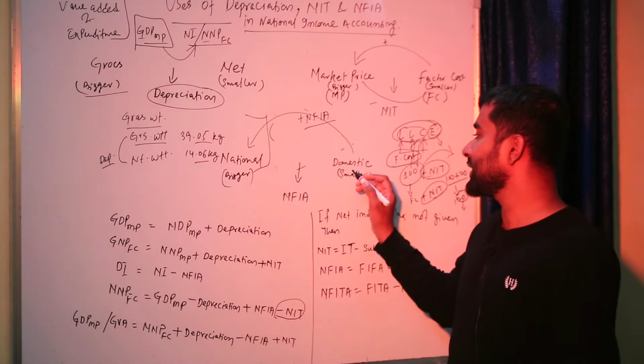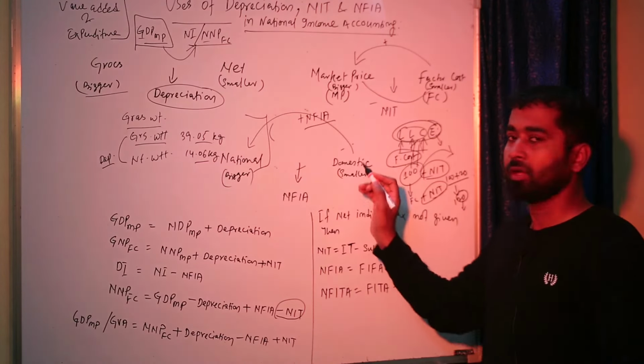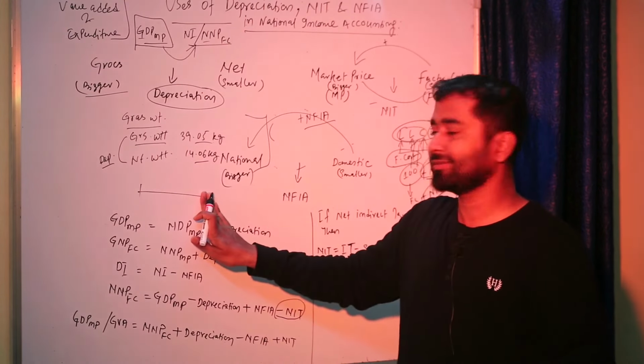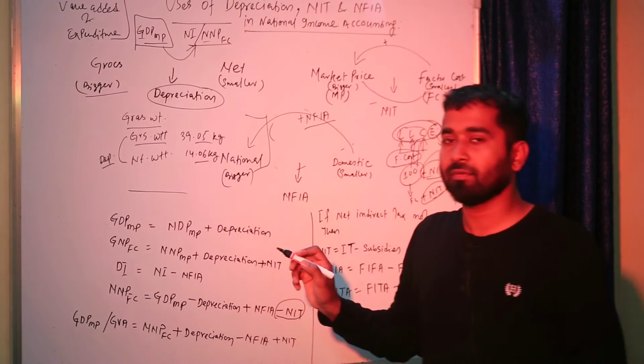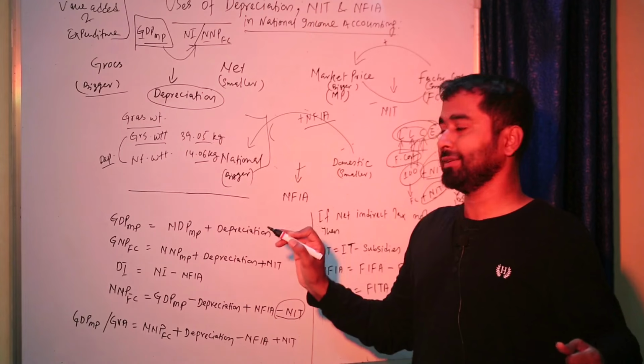Opposite, when you convert national income into domestic income, national income is the bigger one and you are making the smaller one, domestic income, so just subtract, that means reduce. Or if you have domestic income, the smaller one, and you are making the bigger one, just add, right?